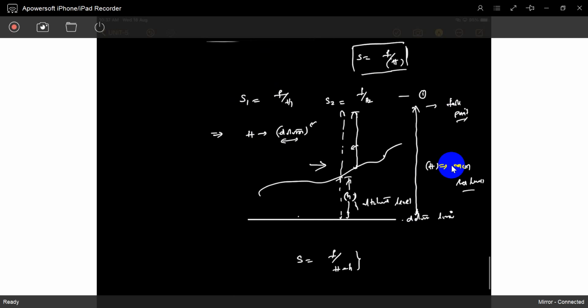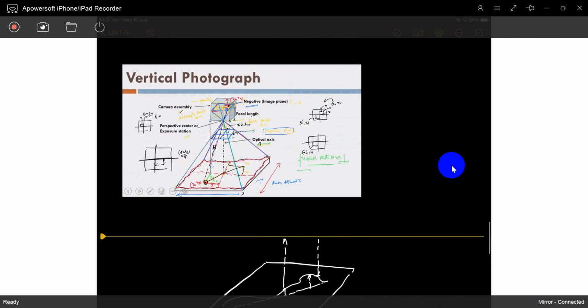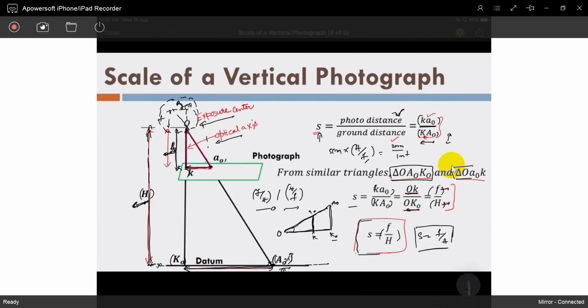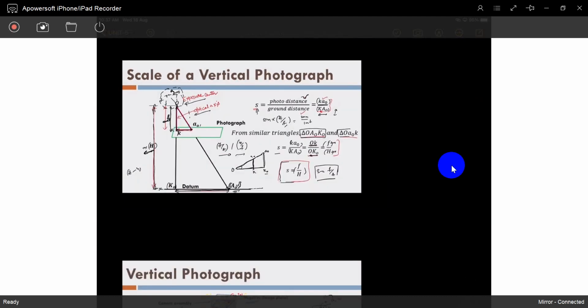There is no proof, it's very small. We take the height from the focal point to this object as H minus h, because this point is at a certain height h from the mean sea level.